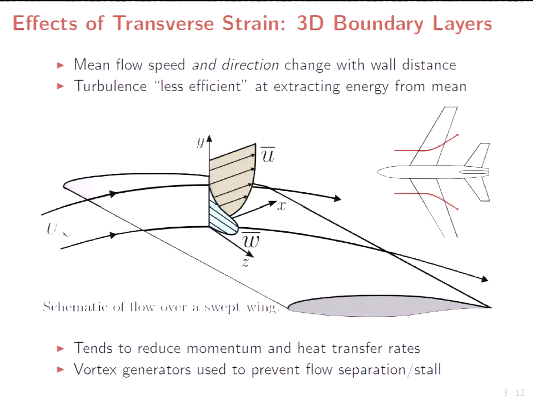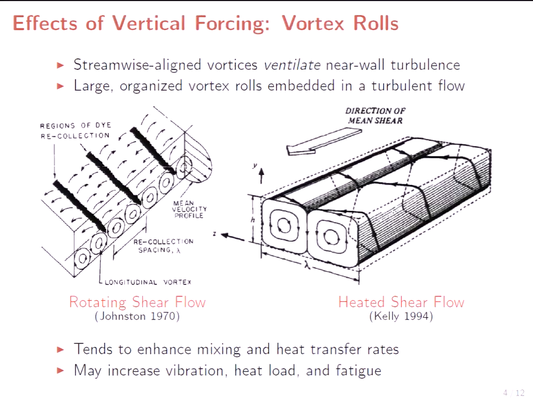You may have seen this if you've looked out the window of an airplane and seen little protuberances situated on the sides of the wings, which cause the flow to transition to turbulence and remain attached.